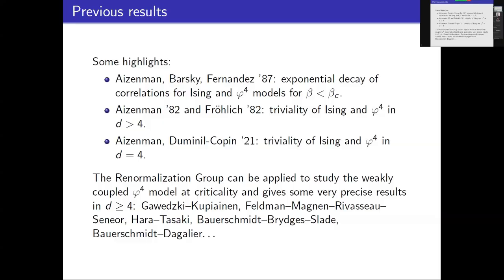If you take the distance to infinity, the correlation will go to 0. This is because the magnetisation is 0. It's not so difficult to see. And the question is how fast does it go to 0? What Aizenman, Barsky, and Fernández proved in the 80s is that it goes to 0 exponentially fast in the distance, which is basically the optimal you can get.